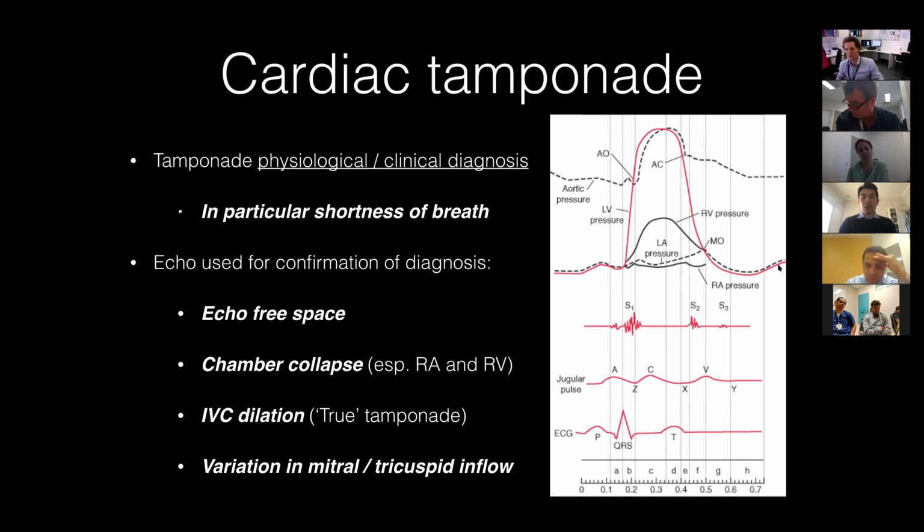So where are we next to? Raymond. Keep going on some of these 2D features. So what else are we going to say? So we've talked about the echo-free space. We've got blood, you've got exudate, you've got transudate that can cause pericardial effusion. How can you try and differentiate between the two?